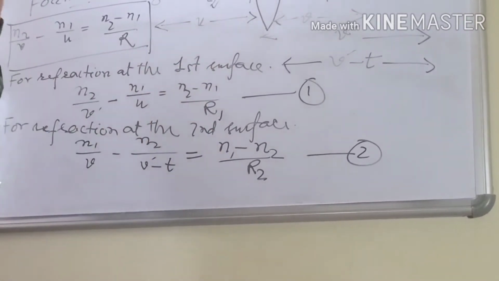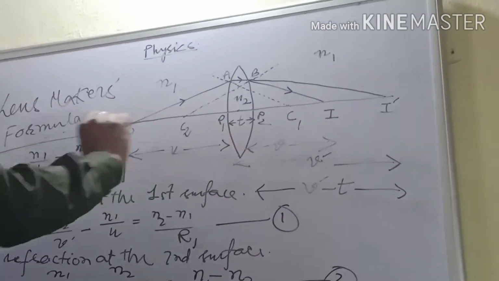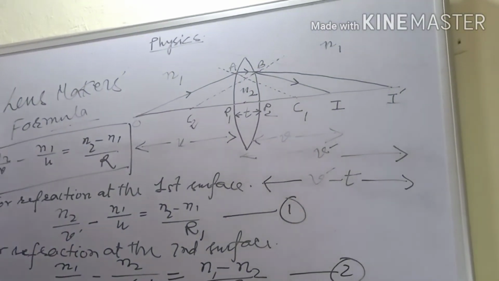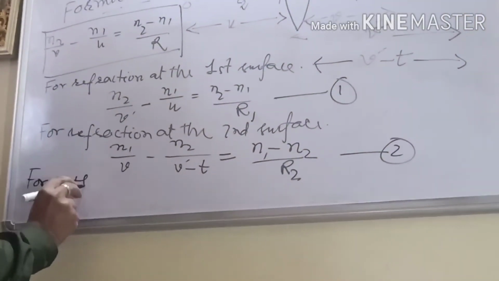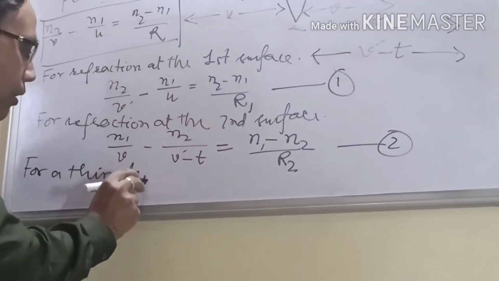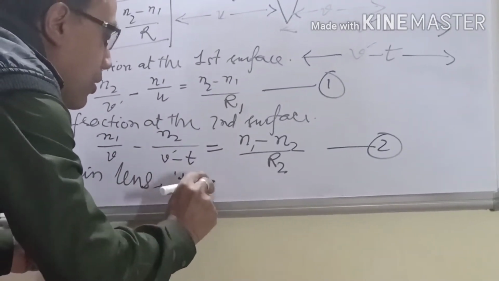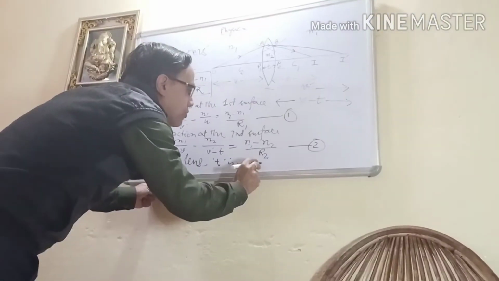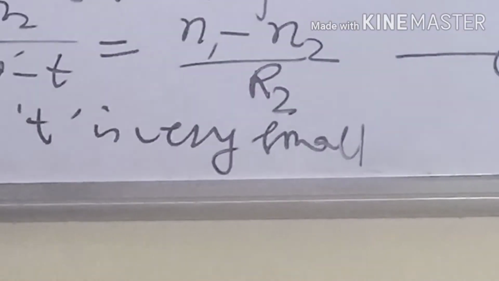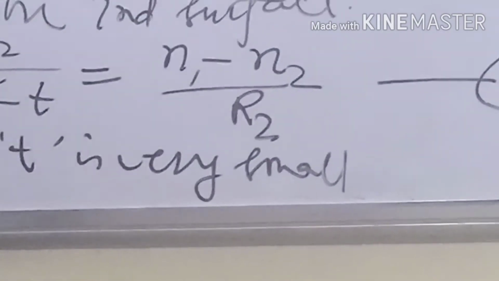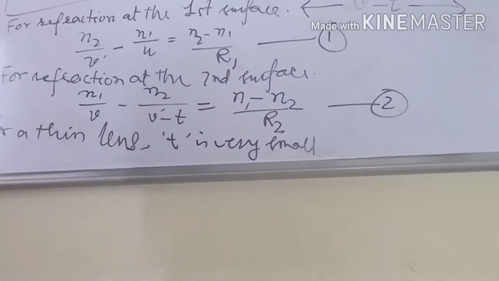But before we do that, let us recall that the thickness of the lens is taken as T. For very thin lens, here basically we deal with thin lenses. So for a thin lens, T is very small. The thickness T is very small. When the thickness T is so small, then this V dash minus T will be approximately same as V dash only.